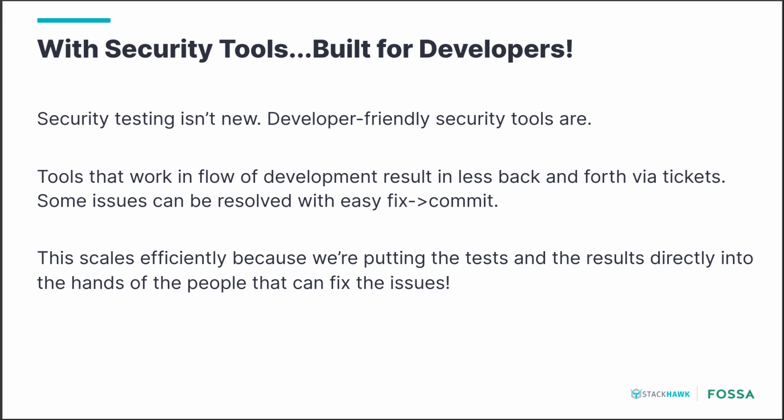But the really important part here is that tools that work in the flow of development result in less back and forth in tickets. If you've ever experienced this, where the security team dumps a load of tickets into a backlog and says, you should prioritize these when you have a chance, and they never get prioritized. And then when they do, it's really hard to go, I don't understand what this thing is. How do I recreate it? All those good things. But with security tools built for developers, they scale more efficiently because we're putting those tests and the result information directly in the hands of the people that fix these issues.